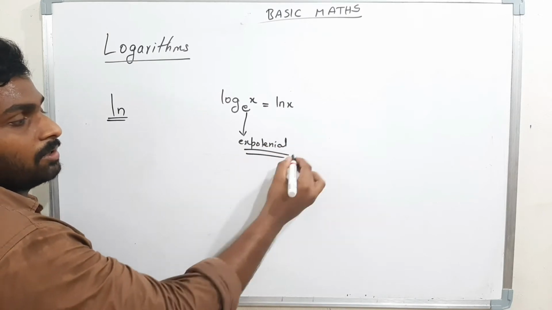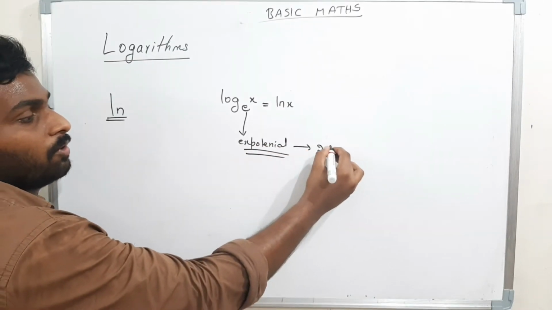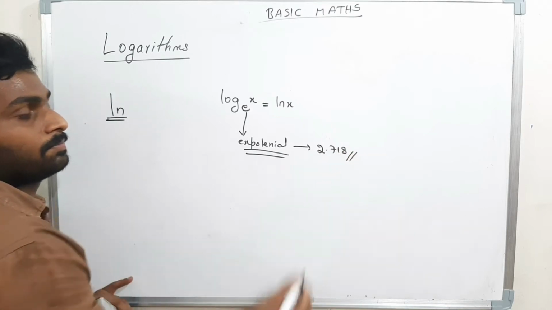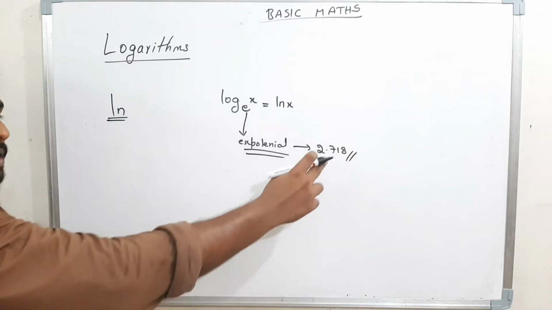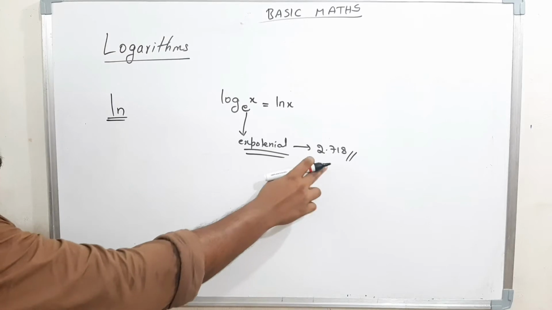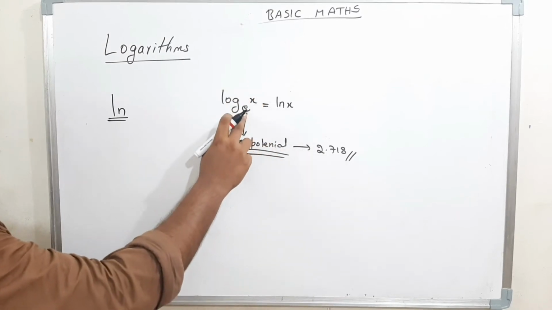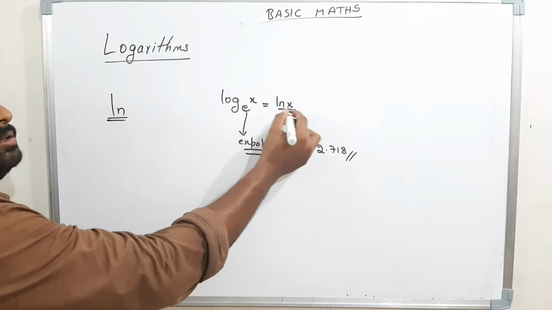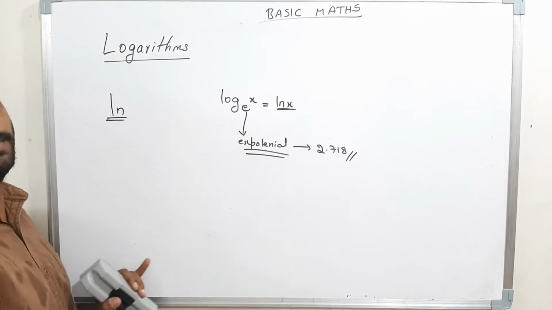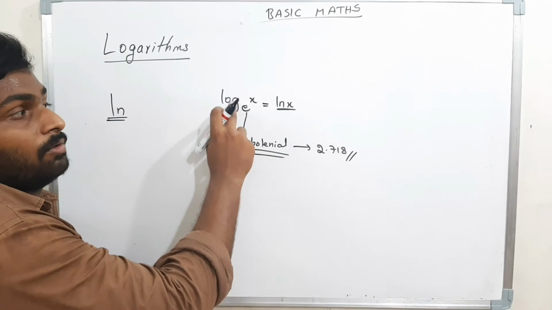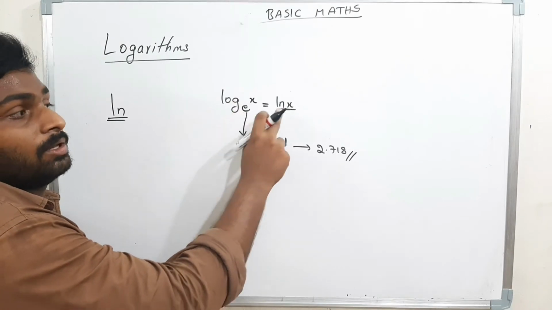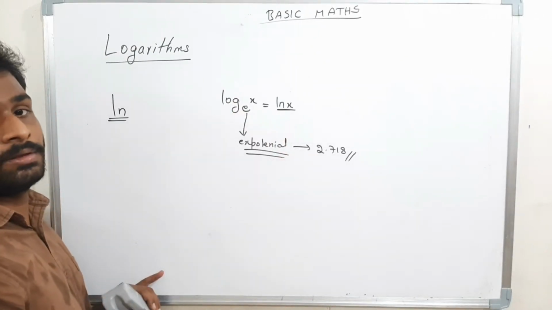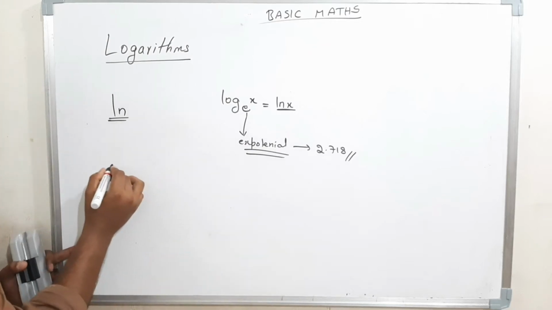It is some constant. The value of e is 2.718. Whenever it is log x base 2.718, that means e, we will call it ln. Ln is different from log. Whenever log has base e, then it will become ln. Is it clear? Now this one, how can I write?